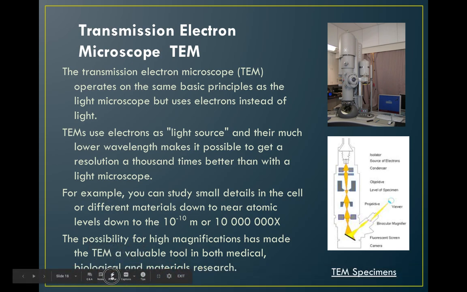They operate on the same principle. You need a slide, you need a slice of specimen, and the electrons will pass through the specimen right here, and the person can observe it with their eyepiece. So again, the electrons get passed through the specimen and the image will come to the viewer.